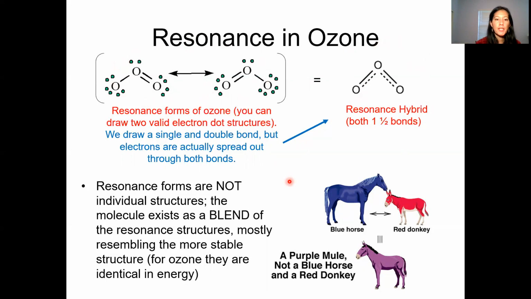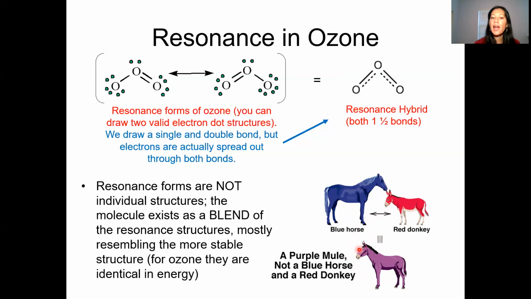Okay, so let me give you an analogy. You have a blue horse and a red donkey. Those are the resonance structures. We show a double-headed arrow in between them. Here's your blue horse, and on the right you have your red donkey. These are 2 different resonance structures, but the actual molecule is neither of those. It's a blend of those.